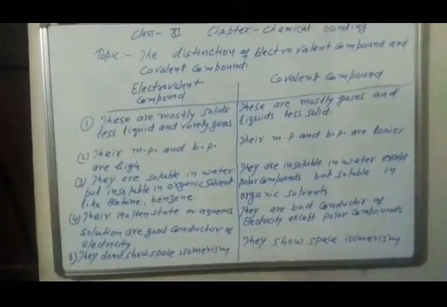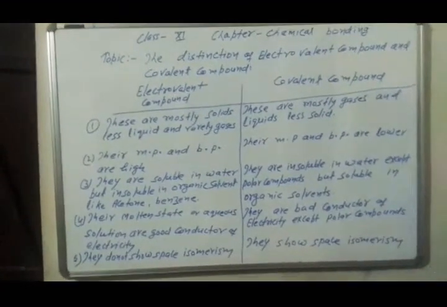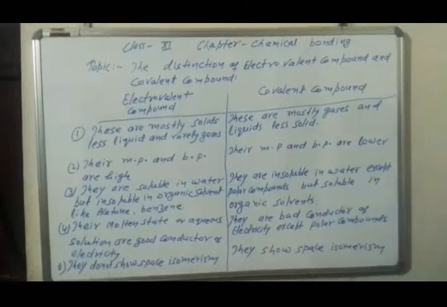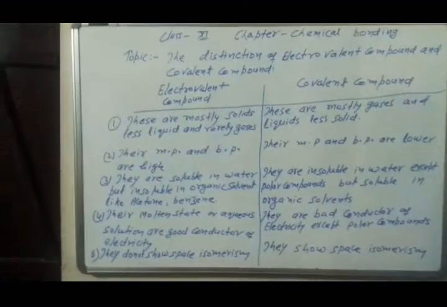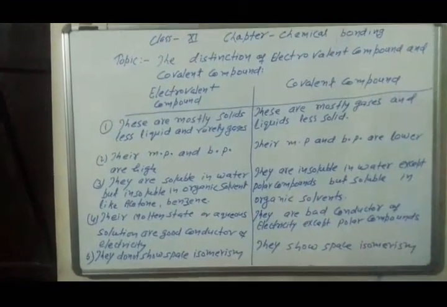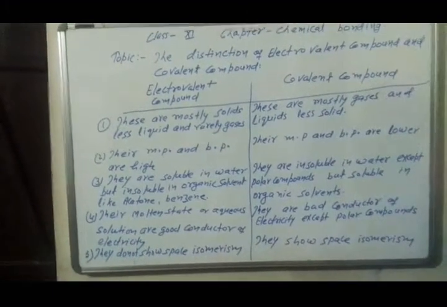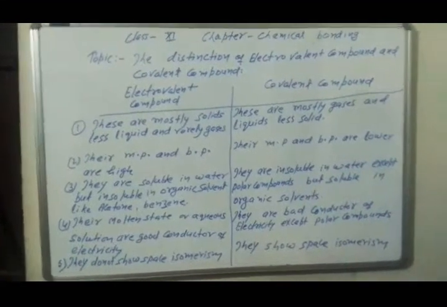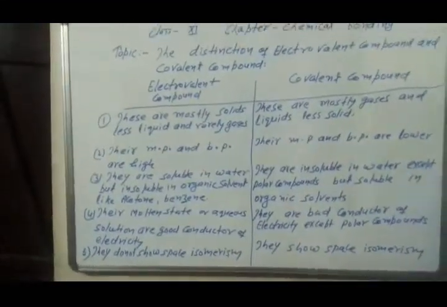It is due to the electrostatic lines of force present in the electrovalent compound being broken, consuming more heat energy. Therefore, the melting point and boiling point of electrovalent compounds are high.